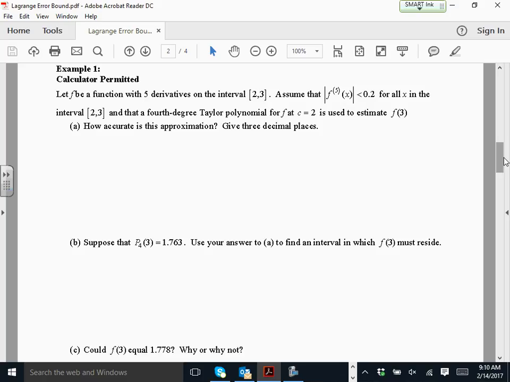On the interval from 2 to 3. Our fifth derivative is at most 0.2 in that interval. And the 4th degree polynomial is used to estimate f of 3. Okay? First of all, where is this centered at? Okay, so our center is 2.